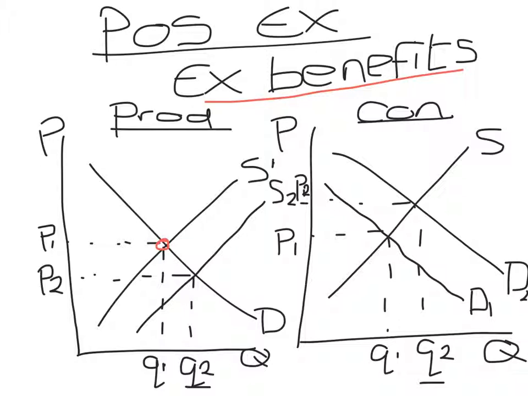There would be way more supply in the market. There would be way more firms in the market if they could really feel the benefits. And the actual equilibrium, of course, is here at S1. But if they could feel the benefits, it would actually be there. So the socially optimal equilibrium is Q2, P2.